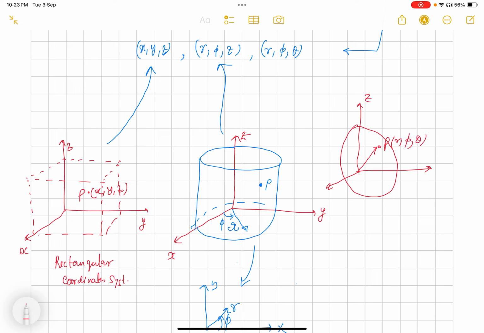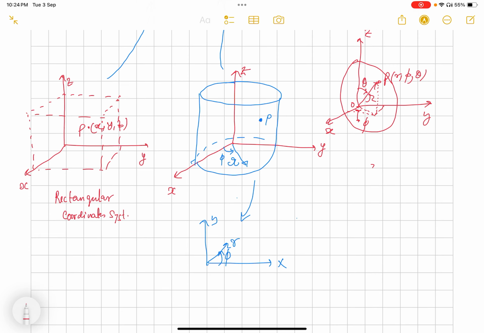Theta is the angle between the z-axis and the vector of point P from the origin, and projecting this point in the xy plane, we get these coordinates: x, y, and this is r, and this angle is phi. This is spherical, and that was cylindrical.